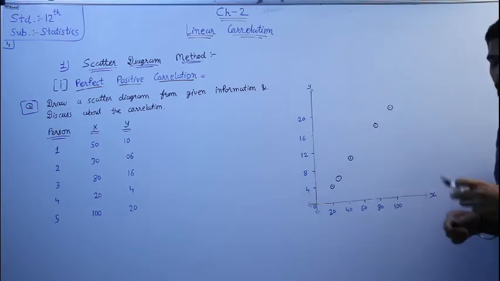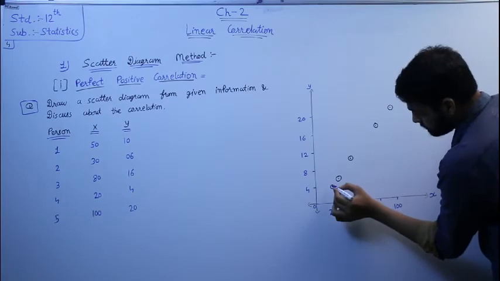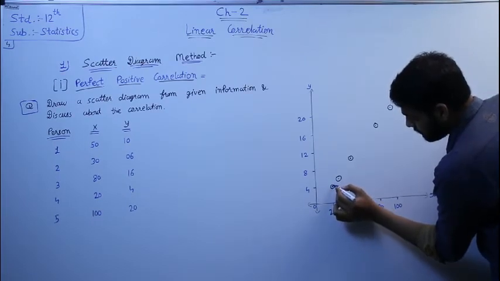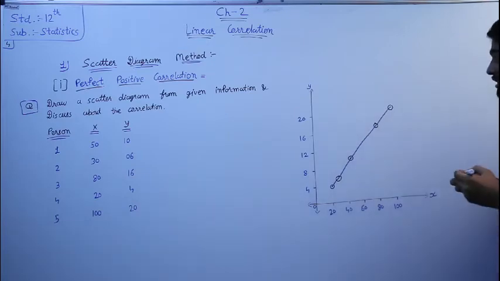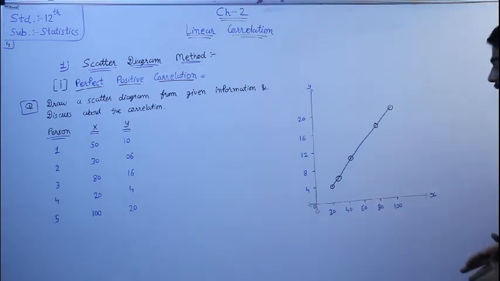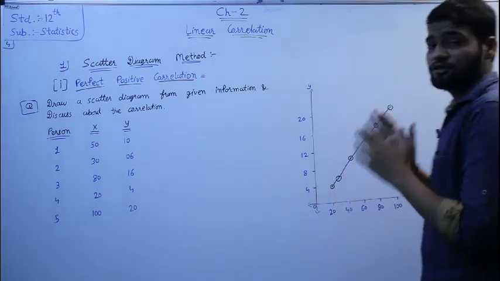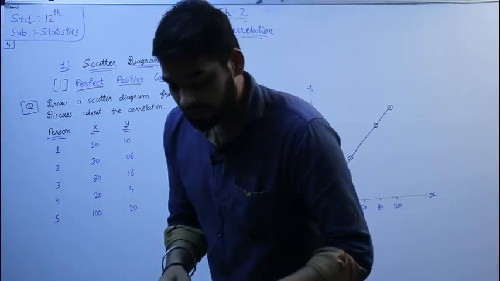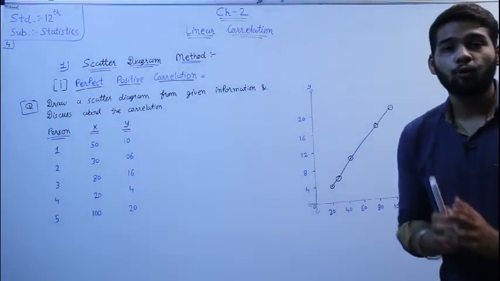Now we join all these points. This direction is upward, from left to right. That means this graph shows that the correlation between the two variables is perfect positive correlation.